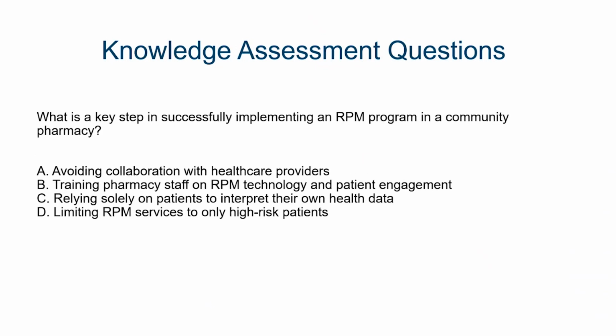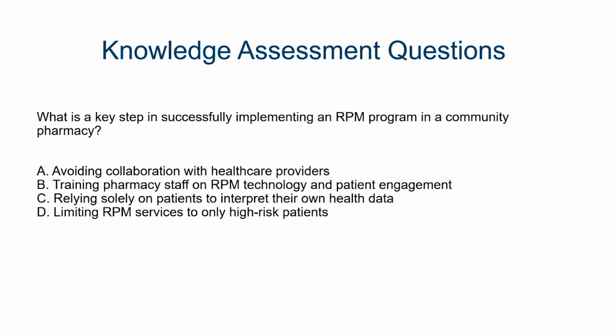So on to question 3. What is a key step in successfully implementing an RPM program in a community pharmacy? Is it A, avoiding collaboration with healthcare providers? B, training pharmacy staff on RPM technology and patient engagement? C, relying solely on patients to interpret their own health data?